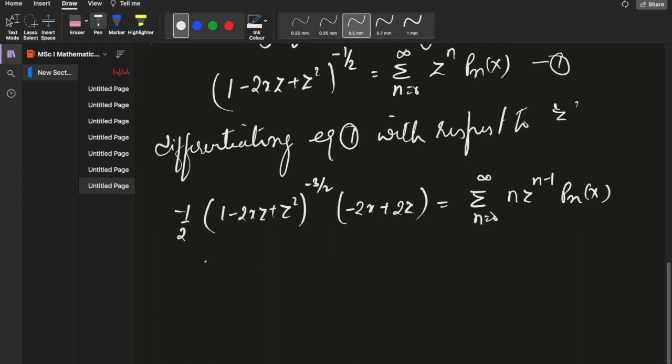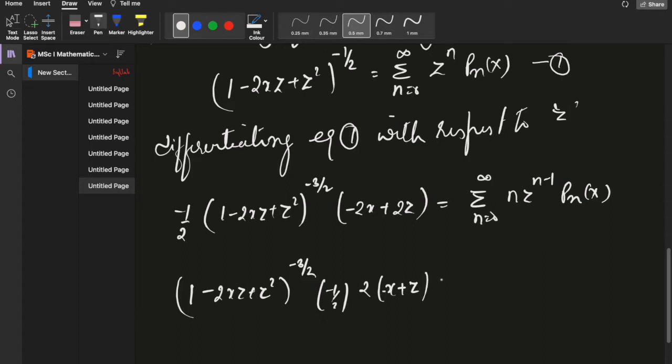Just simplify this one. If I take 2 common from both the terms, I will write (1 minus 2xz plus z square) to the power minus 3 upon 2, minus half multiplied by 2 of (x minus z), which is equal to summation n tends to 0 to infinity n z to the power n minus 1 Pn(x).